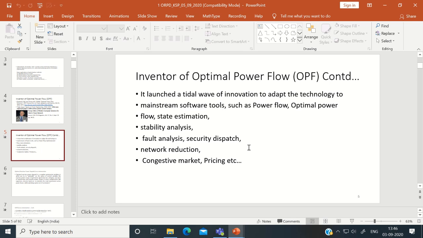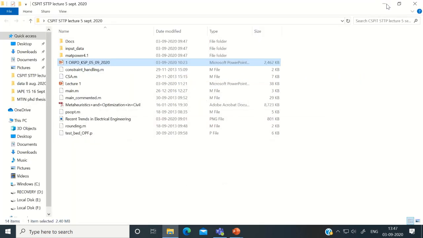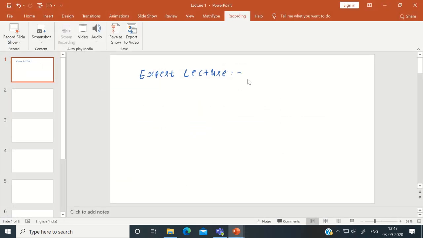So now, after having known this fact, we will try to study the working principle of the best optimization method, that is particle swarm optimization. And I will start from the very basic mathematics, and gradually we will see the detailed mathematics of PSO.